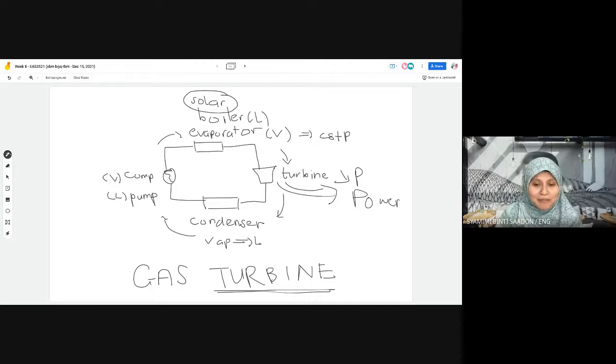The work done of the cycle is produced in the turbine, but the complete process is 4. So I'm not sure, but I think that's why they call the whole cycle gas turbine. Okay, so back to our question just now.